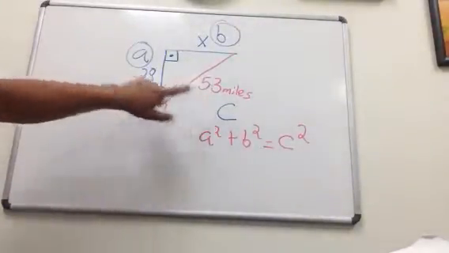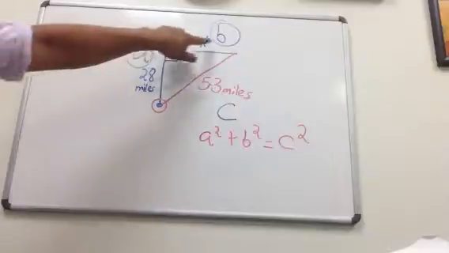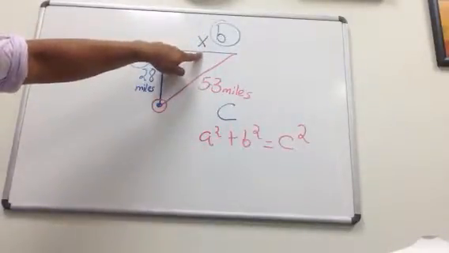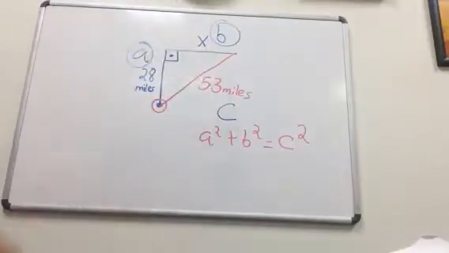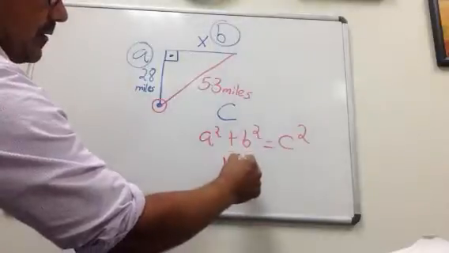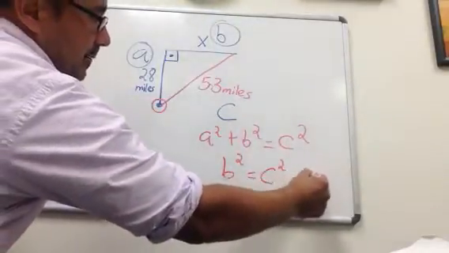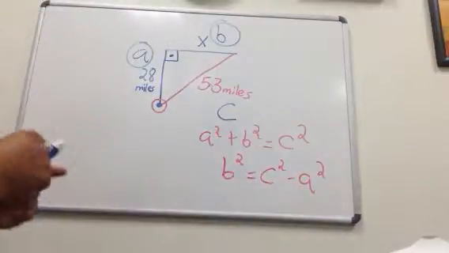I know C, I know A, I am missing this, which is the amount of distance he traveled east. I'm going to call it B, so I can establish the following relationship. B squared is going to equal C squared minus A squared.